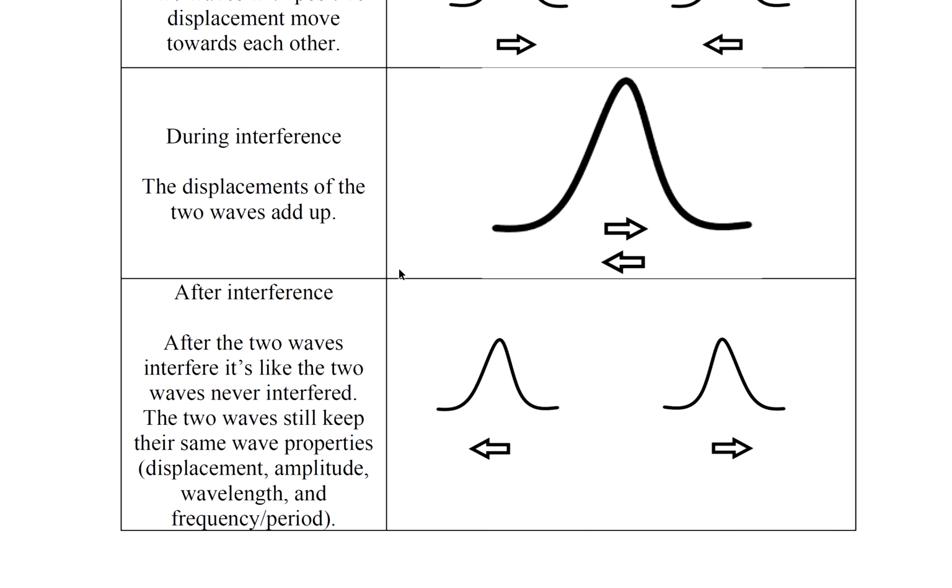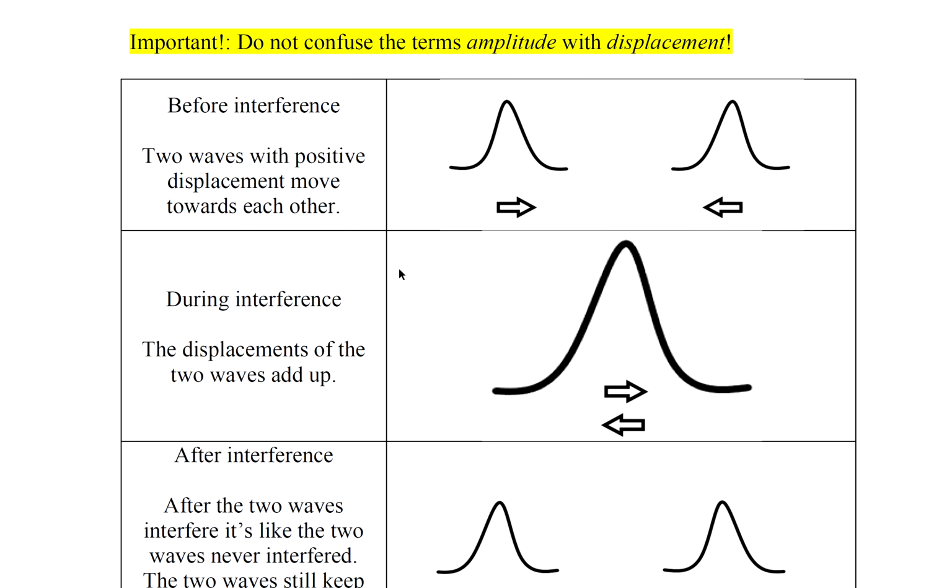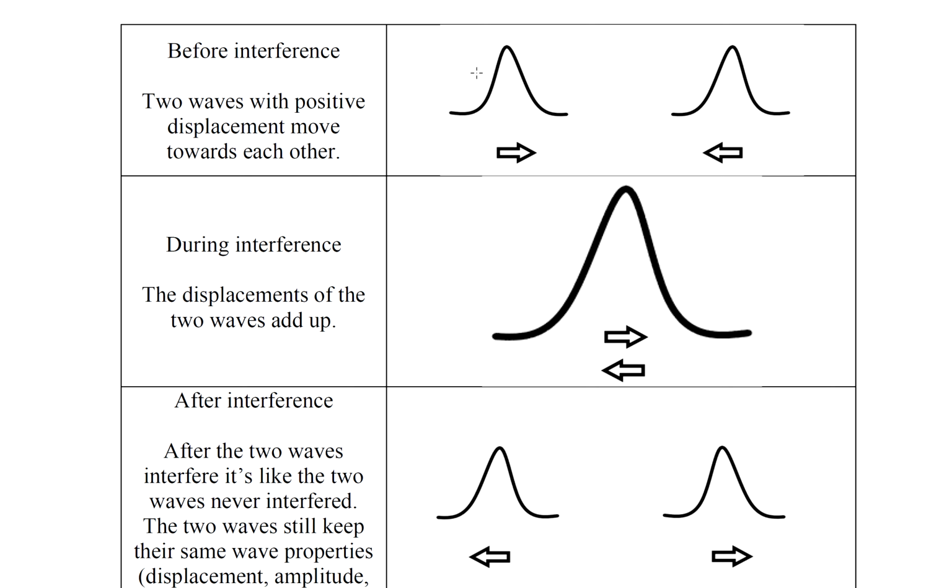And then after this interference, it's like the 2 waves never interfered. The 2 waves will keep their same wave properties, like displacement, amplitude, wavelength, and period frequency. So you can see on the top image there's a wave going to the right, and then at the bottom image it continues to go to the right like nothing happened.